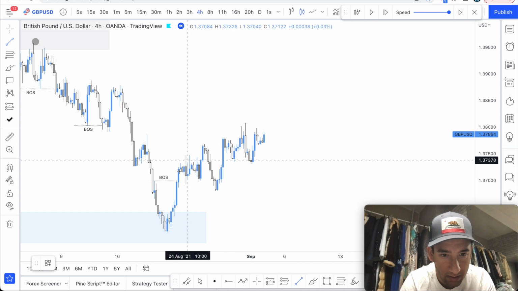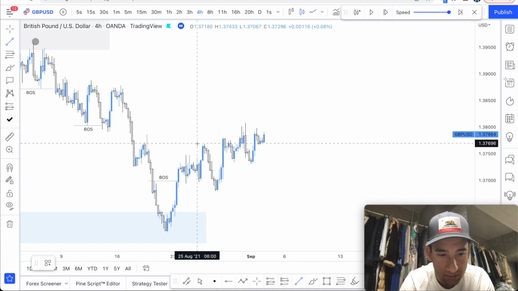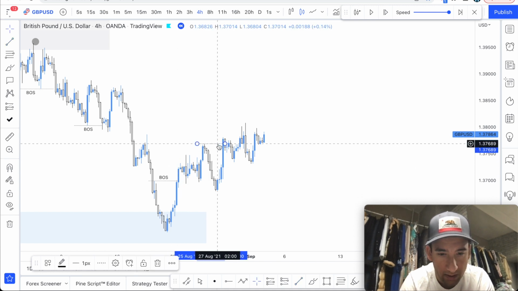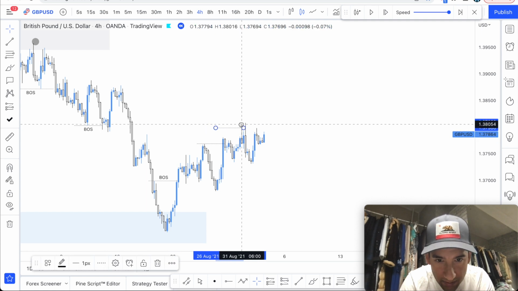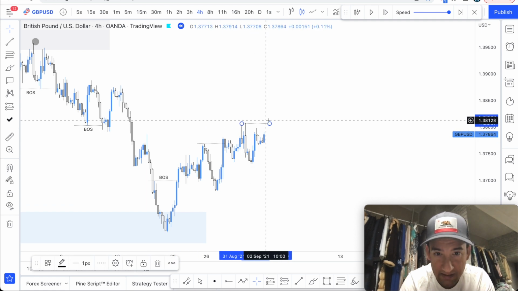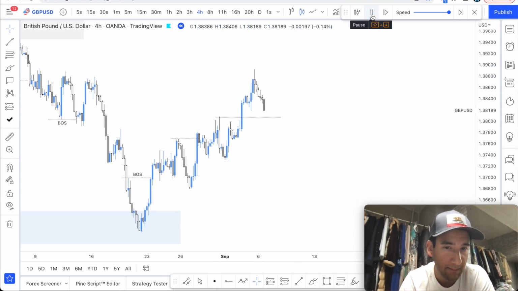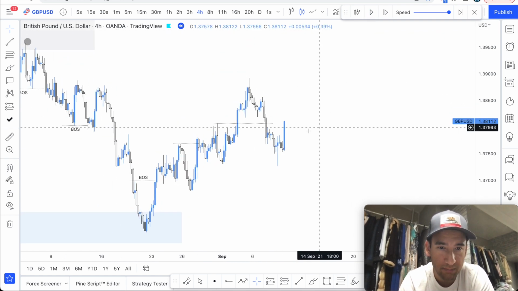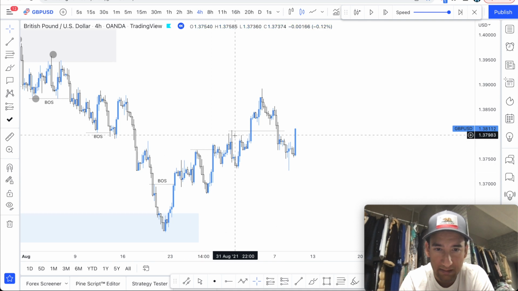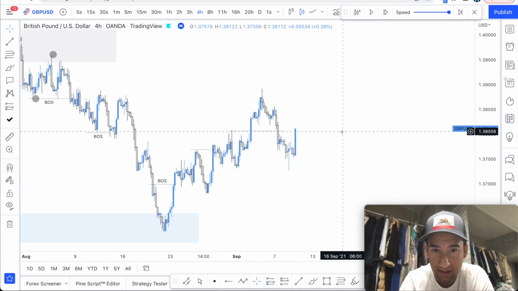Let's look over here. There's one, there's two. The third one hasn't happened just yet, but it doesn't have to be a third one. It could be just 1 and 2 and just go. Let's see what happens. Notice how price is breaking, mitigating, breaking, mitigating, breaking, then mitigating here.